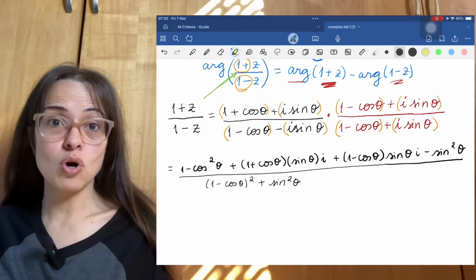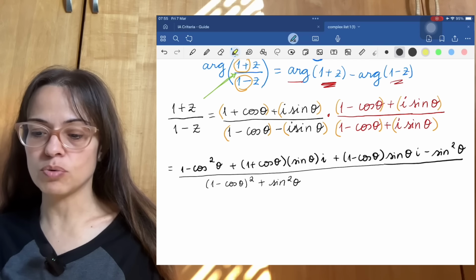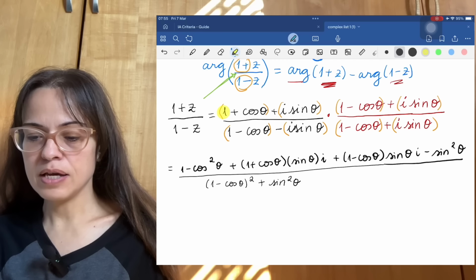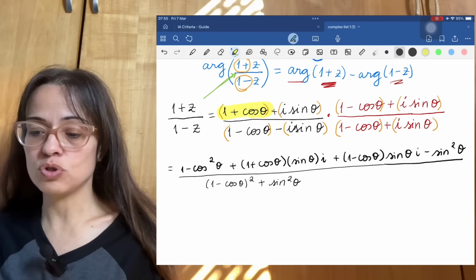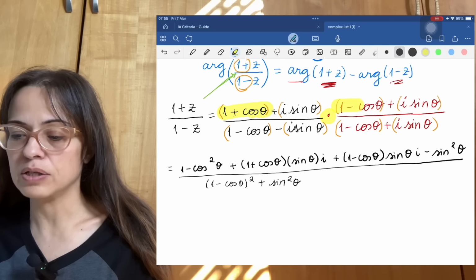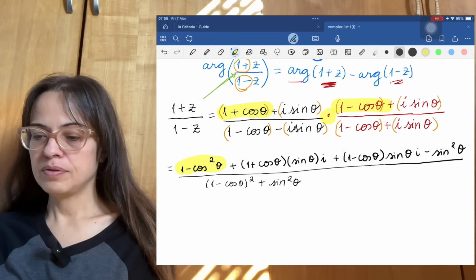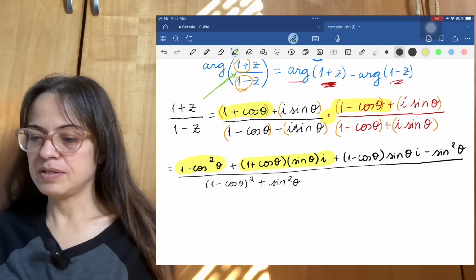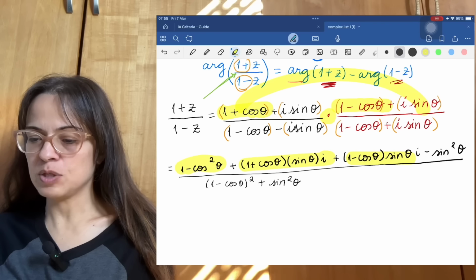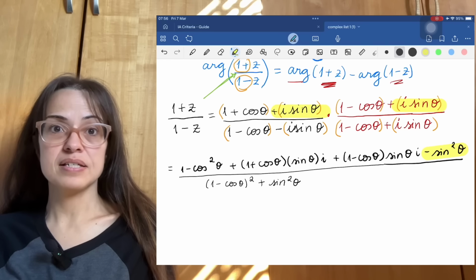Okay, so this looks horrible, and there was a lot of opportunity for making mistakes along the way. For example, here the distributive that I'm going to do on the numerator starts with 1 plus cosine times 1 minus cosine, which I use the special product for. And then this one is this part, this one is this part, and finally this is just the I sine times the I sine.